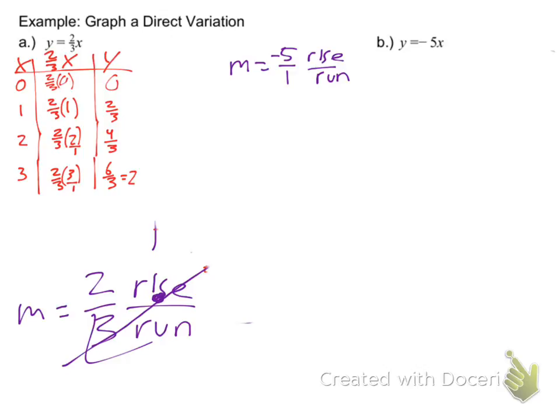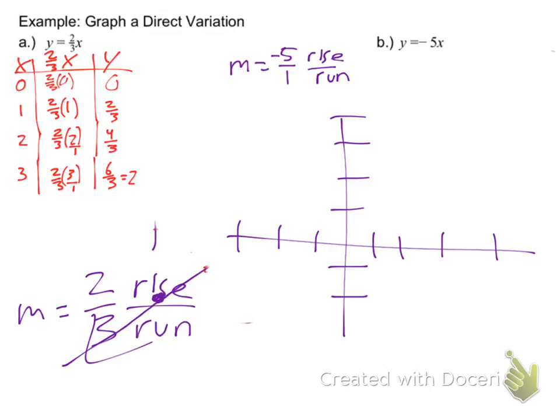So if I was going to graph it, what do I do? Well, yes, make a graph. Okay, made a graph. Who's going to pick it up now and go from here? Chuck. So, if you go down 5 or up 5. I don't know if I can do that yet.